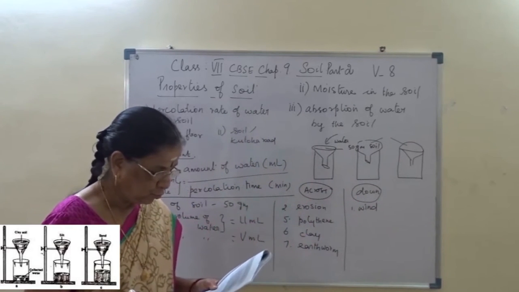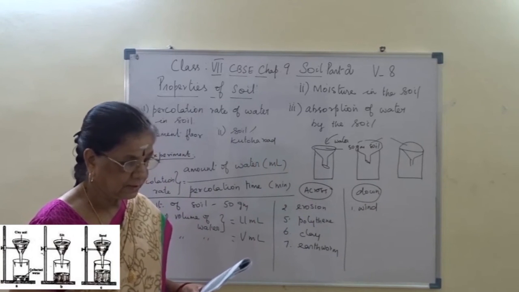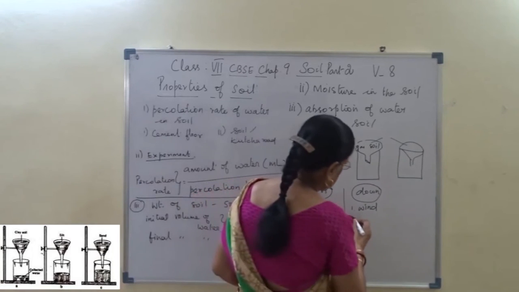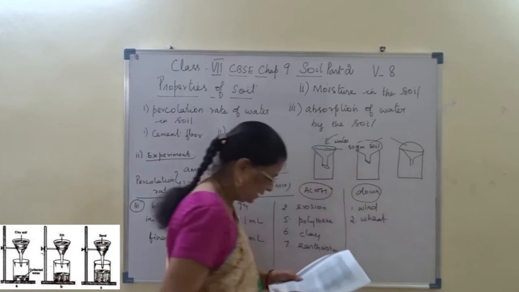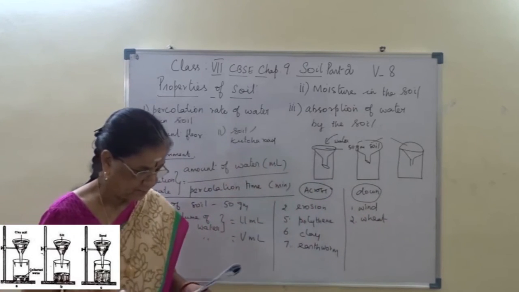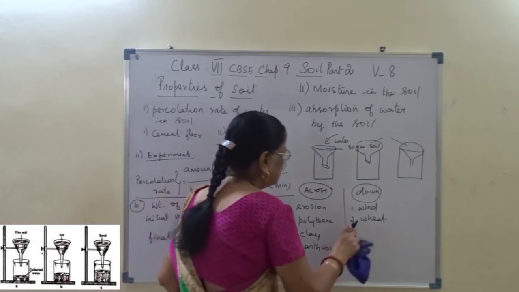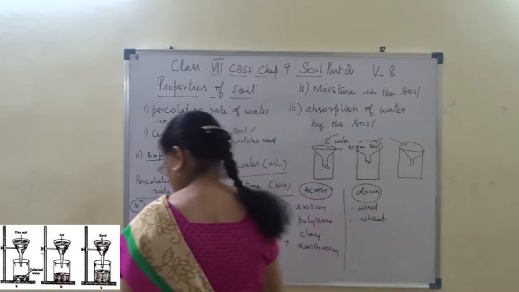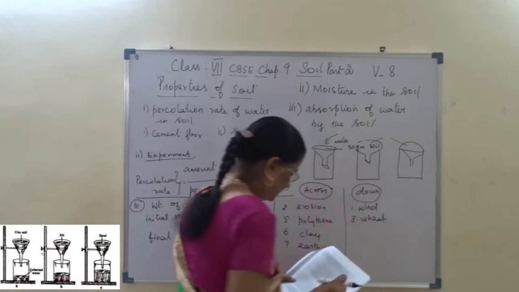Then clay and loam are suitable for cereals like wheat. Second one is wheat. Third down the wheat. Okay.